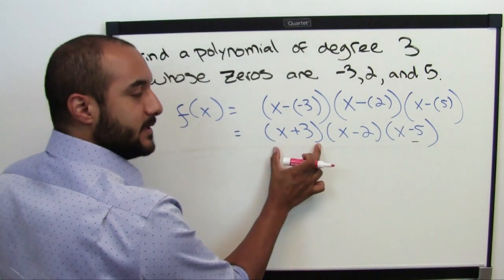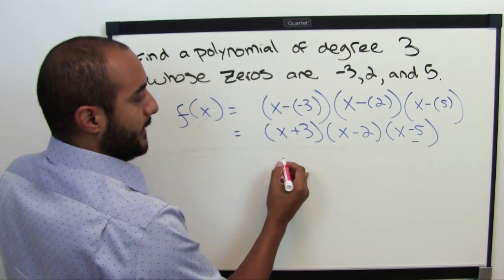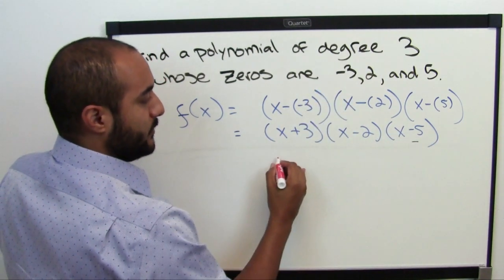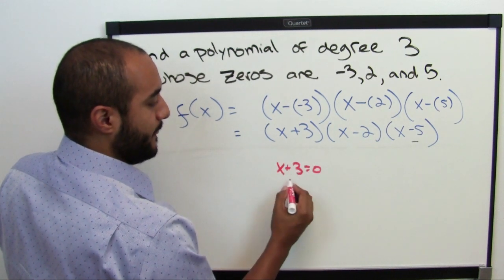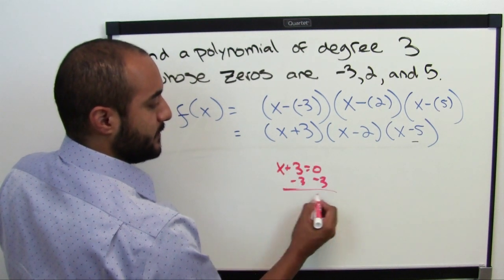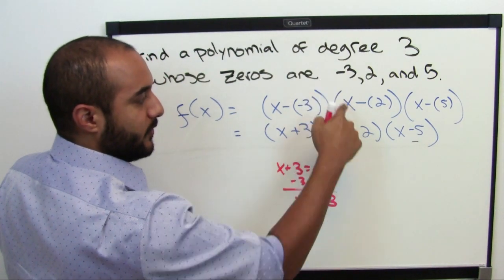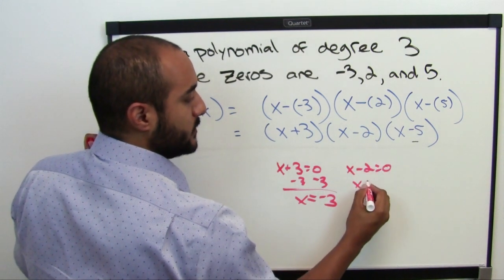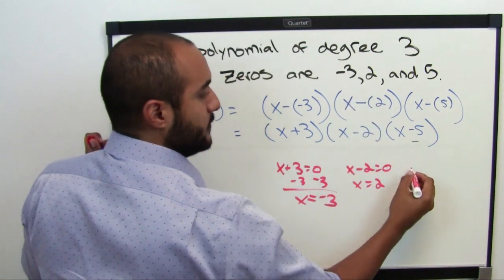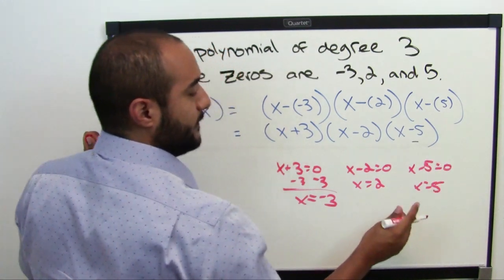I would say either this is equal to 0, this is equal to 0, or this one is equal to 0. And I would get these answers back. Here, either x plus 3 is equal to 0. Subtracting gives me x is equal to negative 3, which is what I had before. You'll see the same thing happen here, which will give me x is equal to 2, and the last one, x is equal to 5.